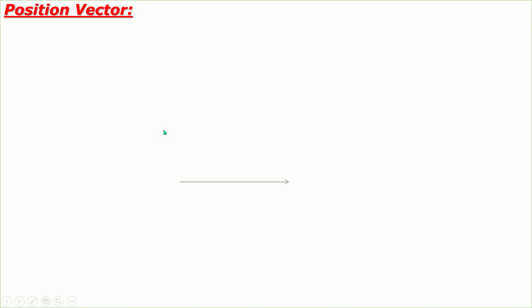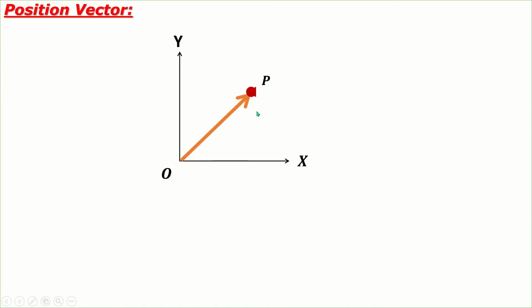Position vector. Here this is a point, that name is P. Now the position of the point P with respect to O will be OP.